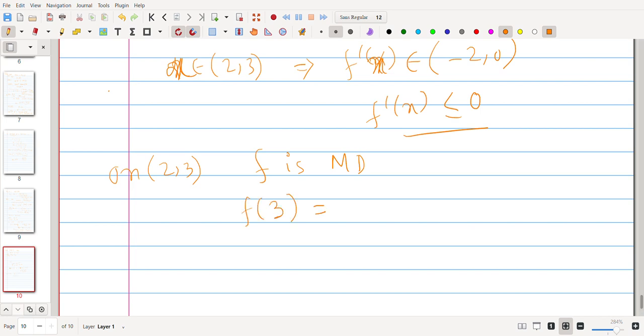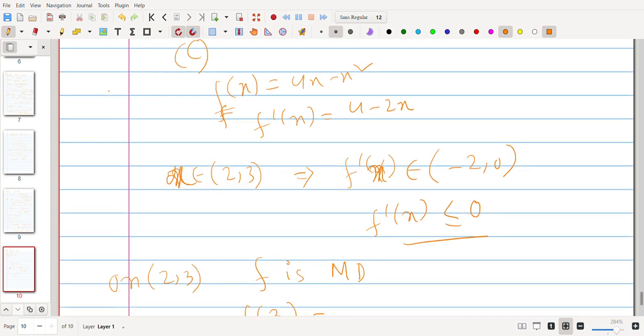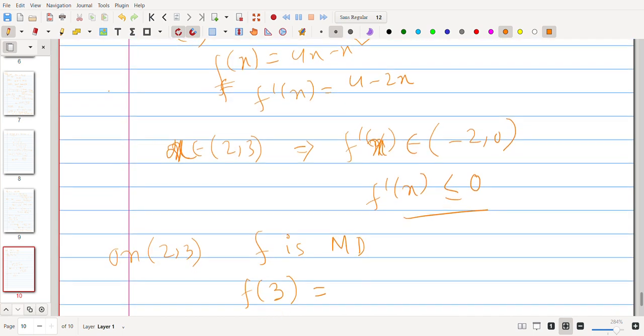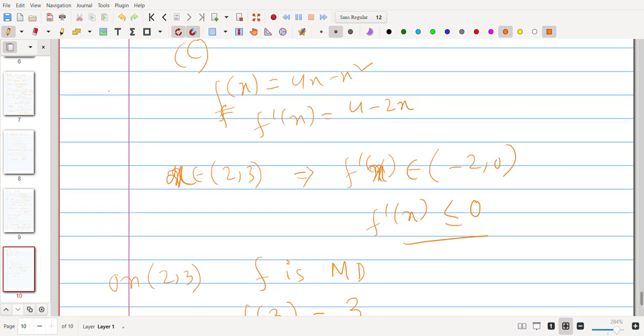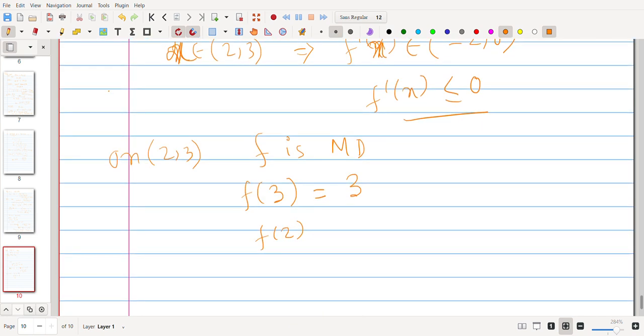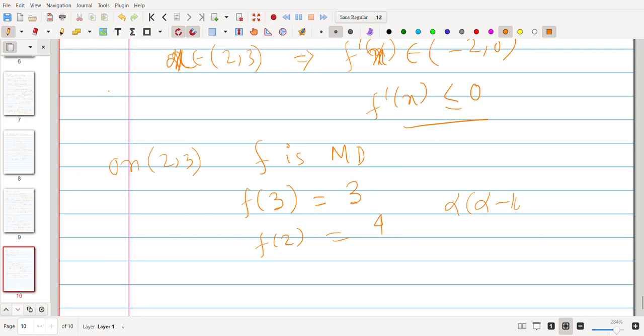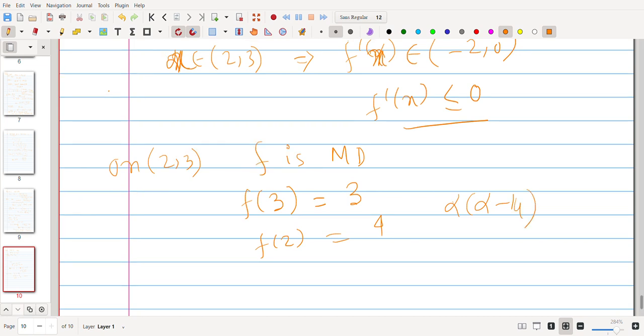Now what about f of 3? F of 3 is basically 12 minus 9, which is 3, and f of 2 is basically 8 minus 4, that is 4. Okay, that means the product alpha into alpha minus 4 lies between 3 and 4.